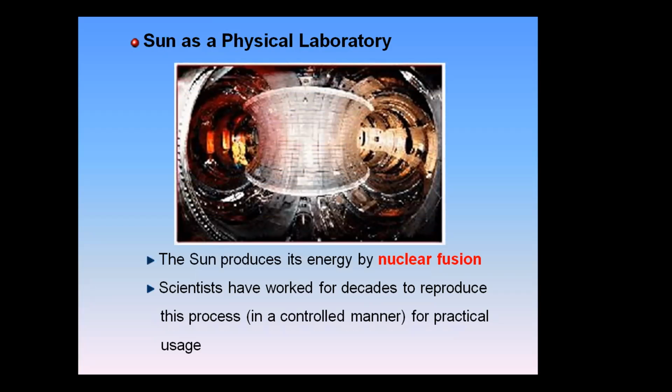Some of the processes, even some of the physics, are not clearly known inside the sun, inside the star. So when you look at it as a natural physical laboratory, it will provide a lot of information and will update the physics we learn today, and there are a lot of advantages, right?